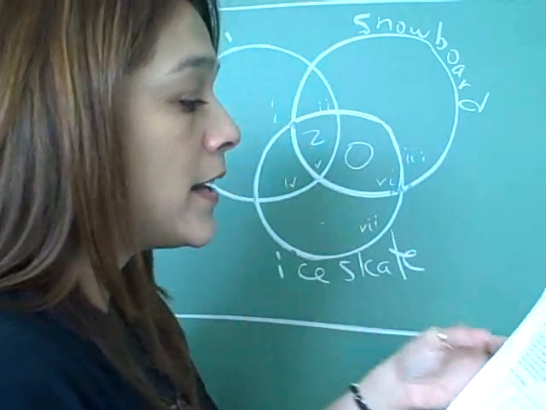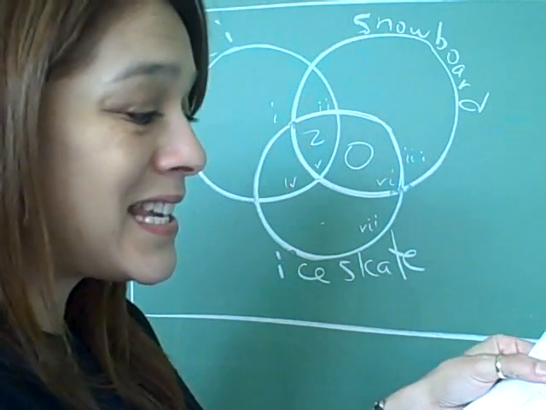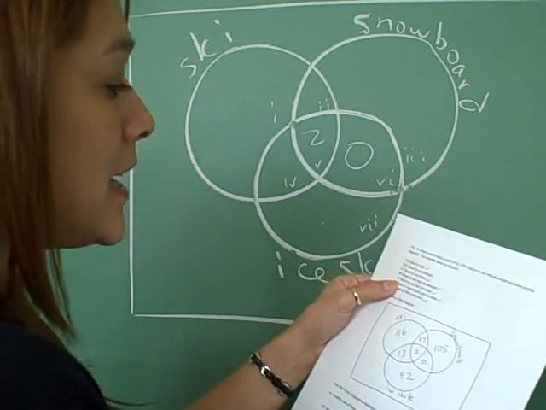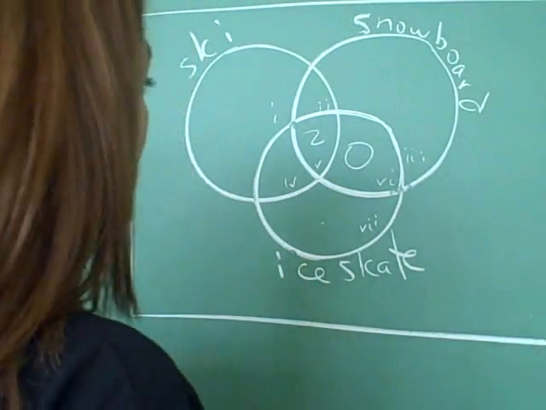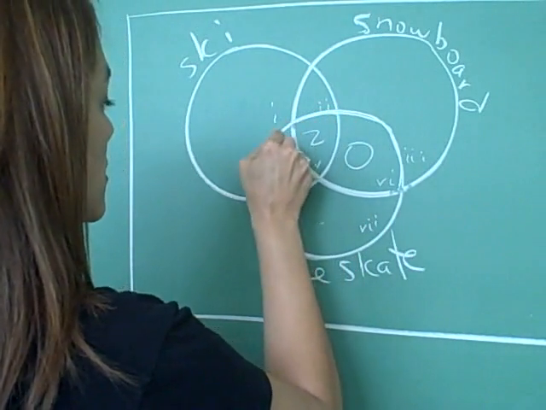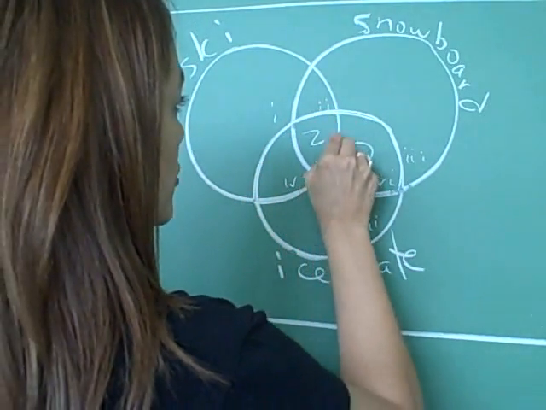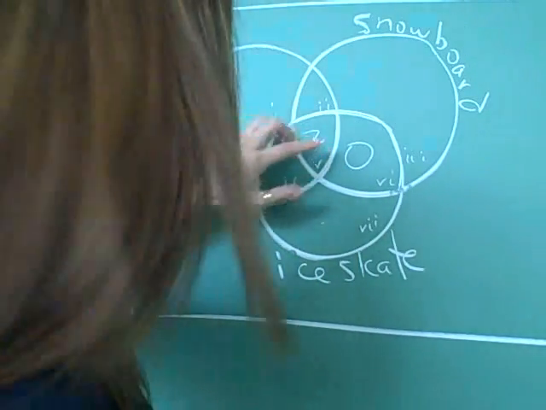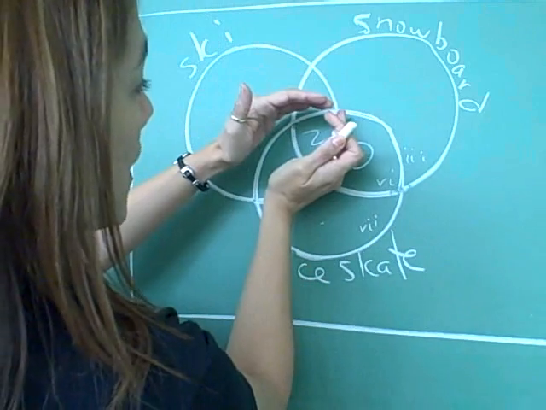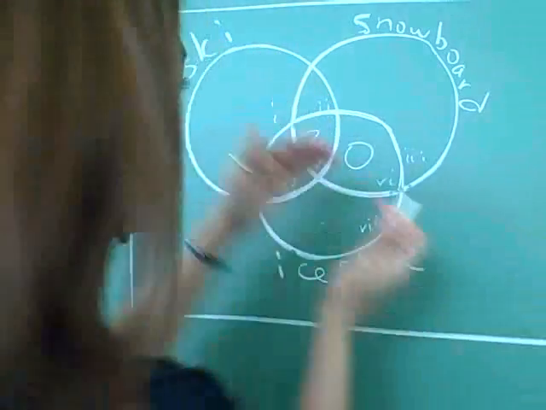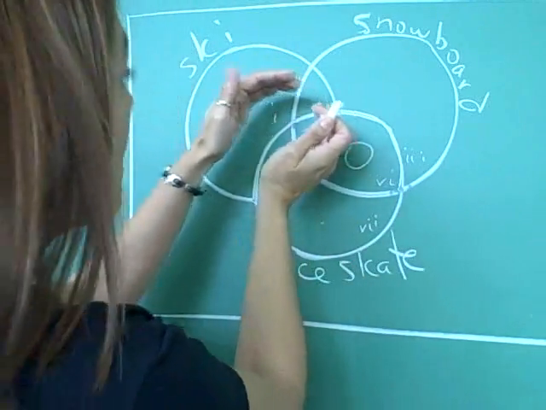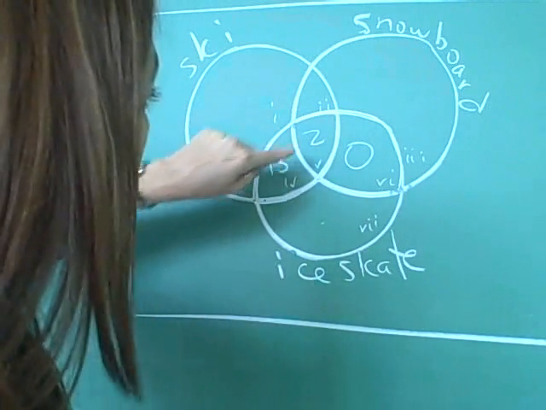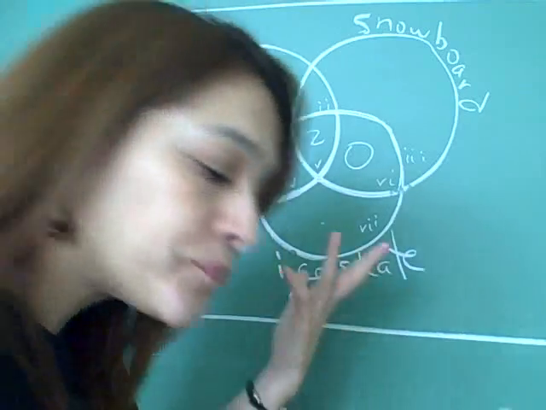So you'll notice then that it says 15 liked to ski and ice skate. Well, if 15 liked to ski and ice skate, we look at the skiing and ice skating regions here, and that's the intersection of the 2. You'll notice that there's already 2 within that eyelet, which means that if in total there should be 15, then there should be 13 in that region. 13 plus 2 making that 15.